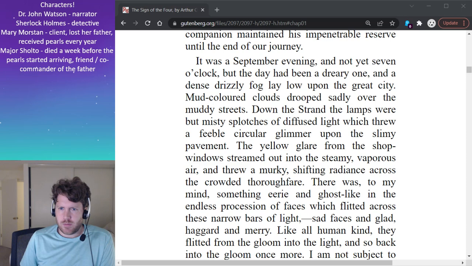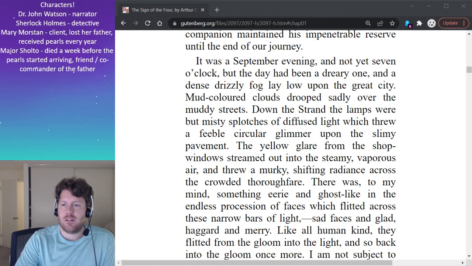The yellow glare from the shop windows streamed out into the steamy, vaporous air and threw a murky, shifting radiance across the crowded thoroughfare. There was, to my mind, something eerie and ghost-like in the endless procession of faces which flitted across these narrow bars of light. Sad faces and glad, haggard and merry. Like all humankind, they flitted from the gloom into the light, and so back into gloom once more.